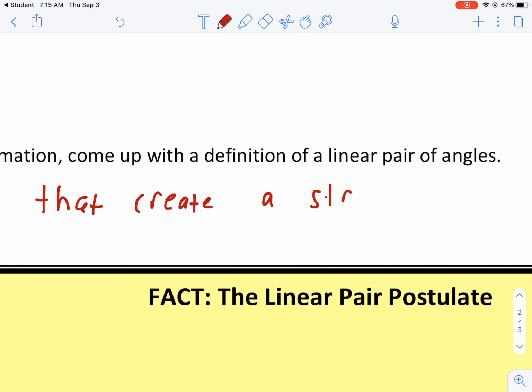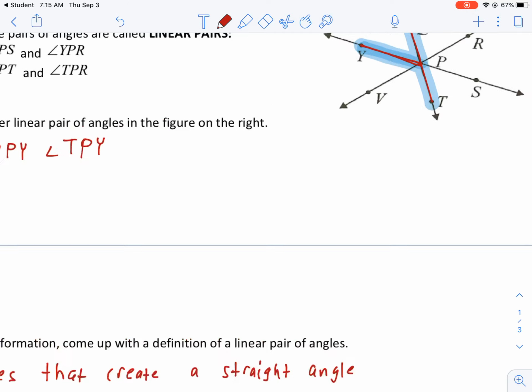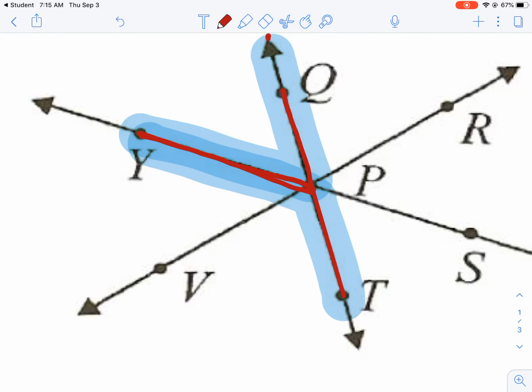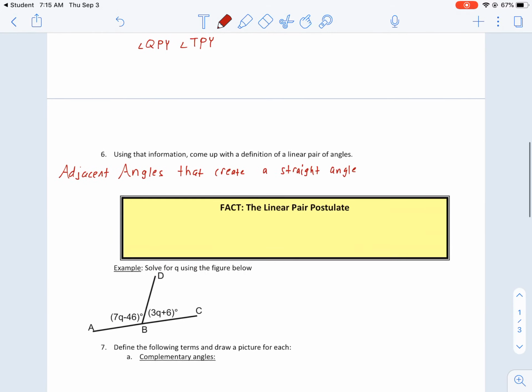So if you remember yesterday, or maybe not yesterday, but whenever you did angles, a straight angle is one that is just a straight line. That's why it's called a straight angle. So that's what we would say. This right here, that's a straight angle. It has a degree of 180.